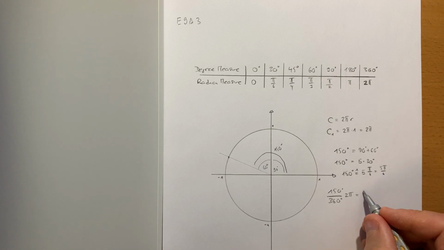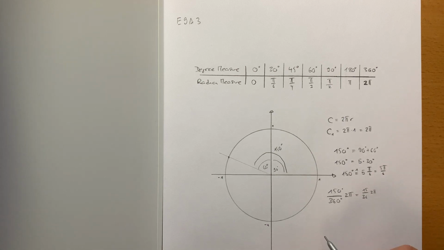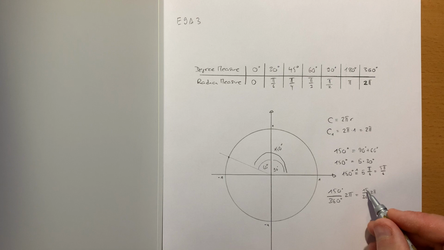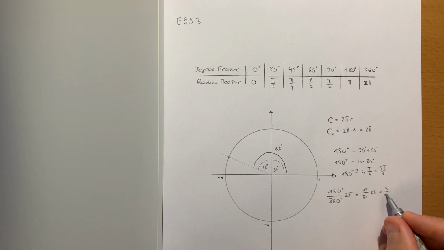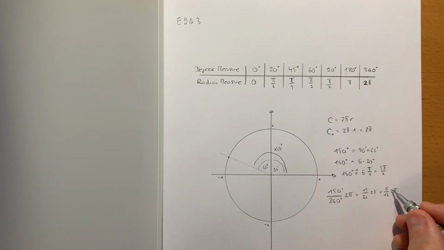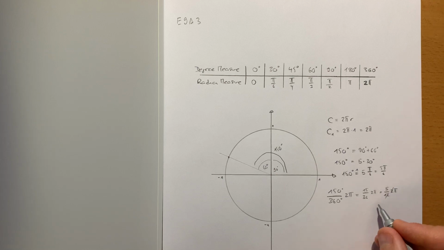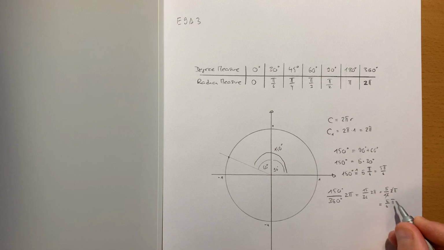Look, this is now 15 over 36 times 2 pi. Then you could simplify this by 3, so you get 5 over 12 times 2 pi. Then you could simplify these two, and you're going to get 5 over 6 times pi, what I got here.